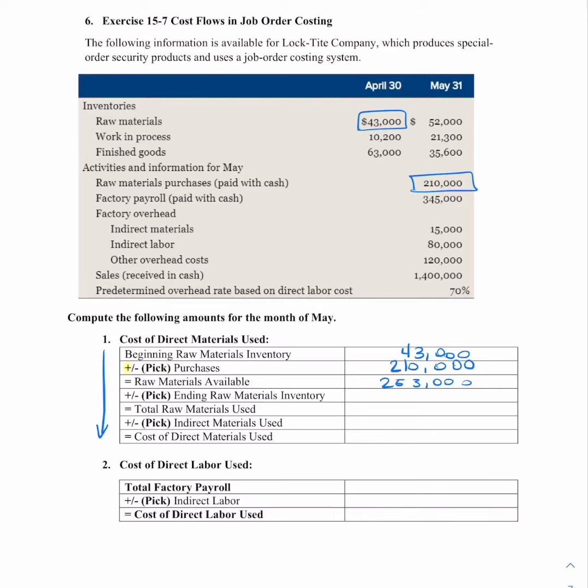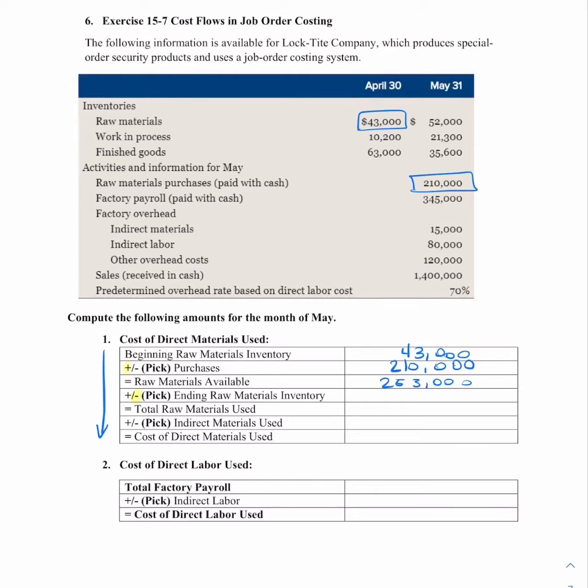You could also call this raw materials available for use. It's just a longer title. It's perhaps more apt, more descriptive. However you choose to do so is fine with me. Next, we need to either add or subtract the ending raw materials inventory. So let's see what makes more sense. I think we're going to need to subtract that ending raw materials inventory.